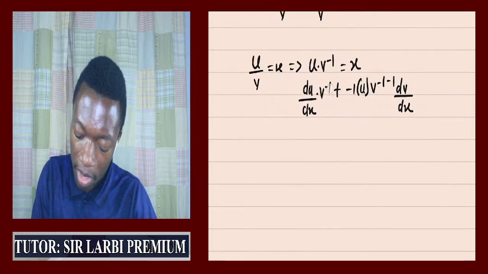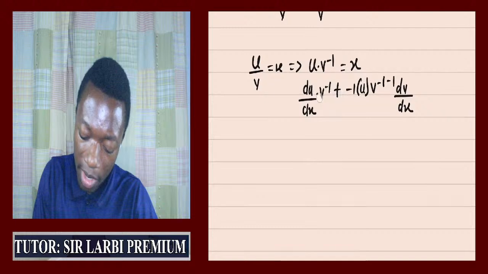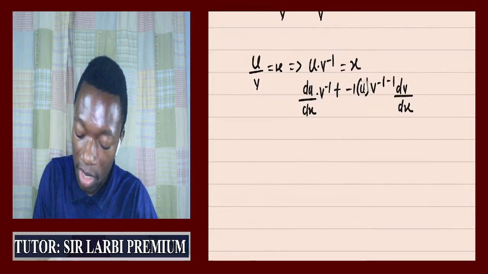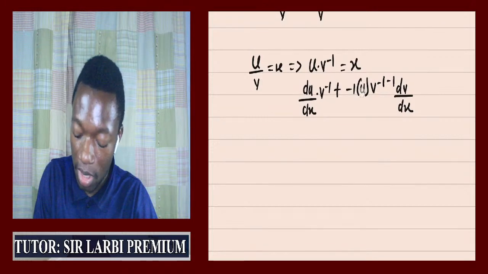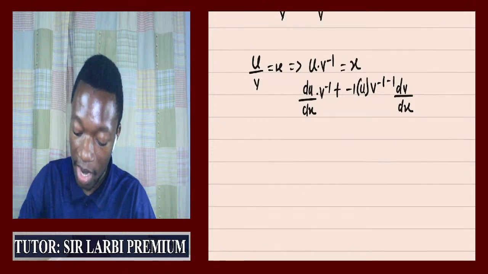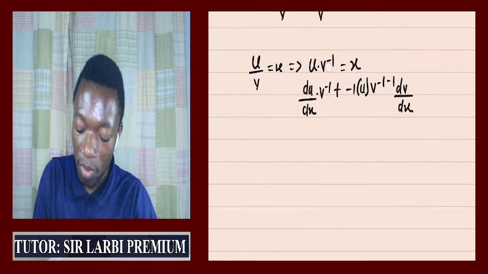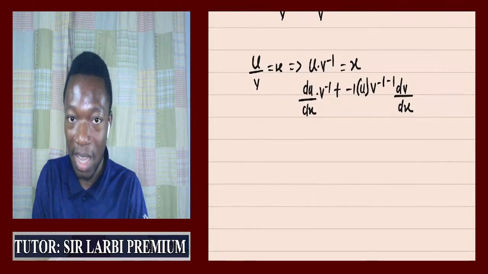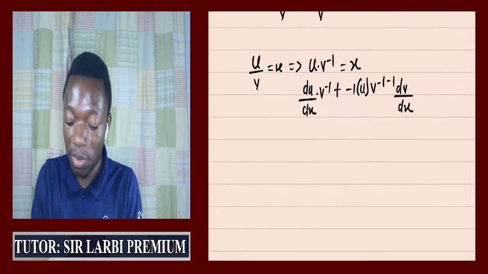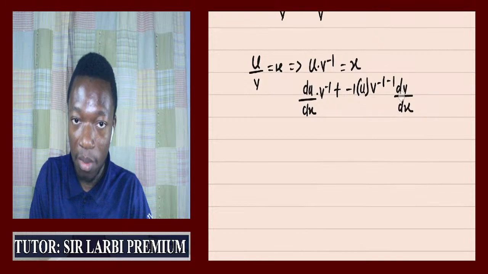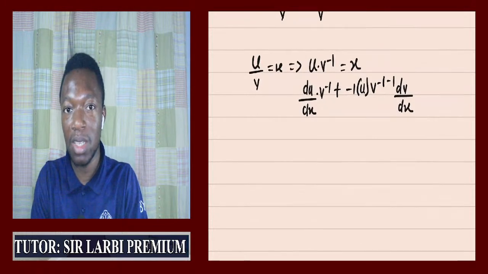Let me repeat it again. After you are done with the first one, the second one to do is that you differentiate the power negative 1. The negative power will multiply the u here. After that, you repeat the whole of v to the power negative 1 and subtract 1 from it. But even before you do that, you must also differentiate the v as a single variable with respect to x. That's what we have done here, because multiplications are commutative.